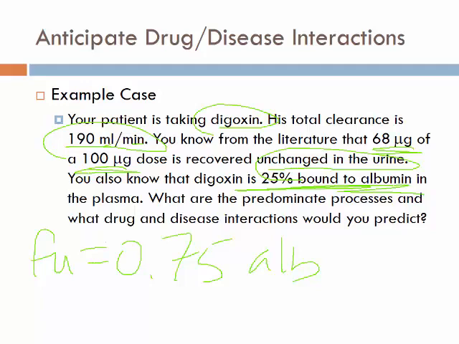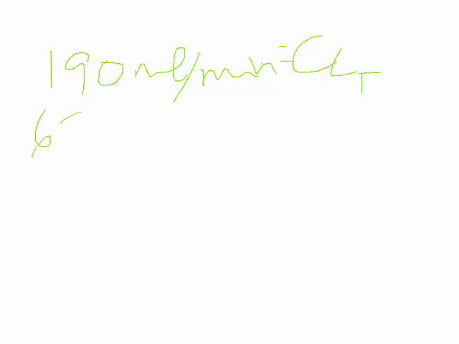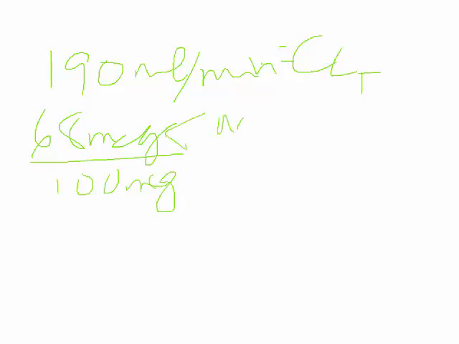Okay, well, 190, let's get a little piece of paper here. So 190 mils per minute is our total body clearance. We also know that 68 micrograms of a 100 microgram dose are recovered unchanged in the urine.